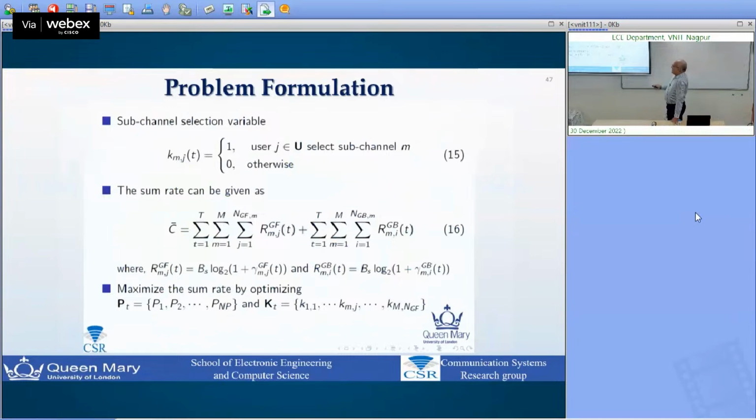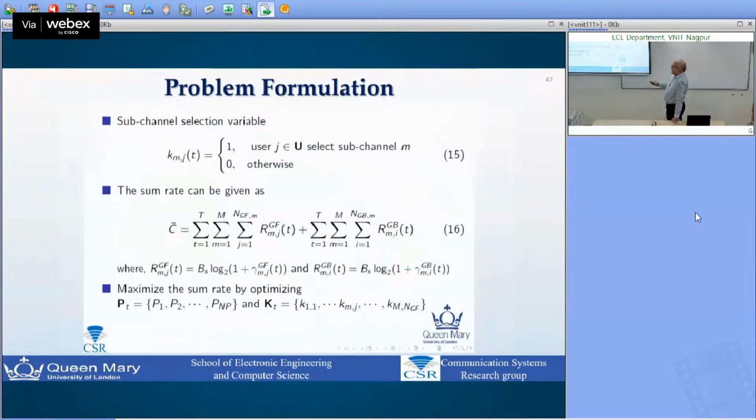We select one of the power levels and one of the sub-channels. Here this is the sum rate of the grant-based users in all channels; we consider one user here. This is the sum rate of all grant-based users, and this is the sum rate of all grant-free users.